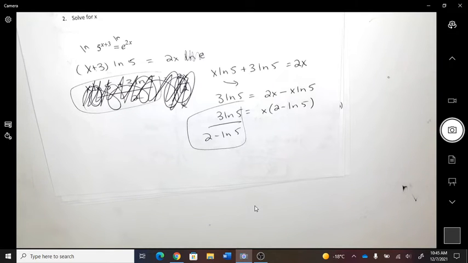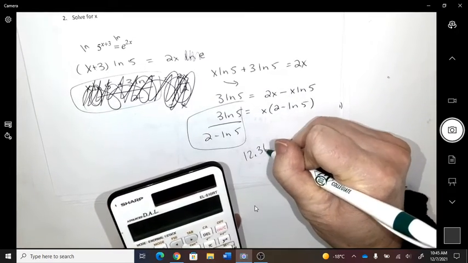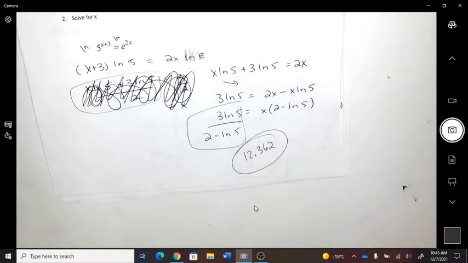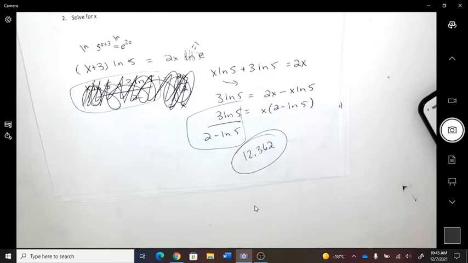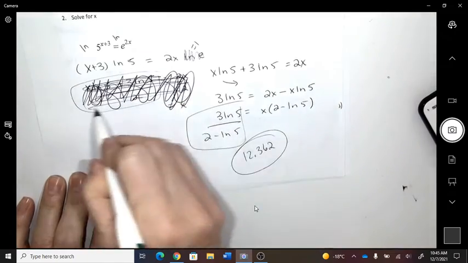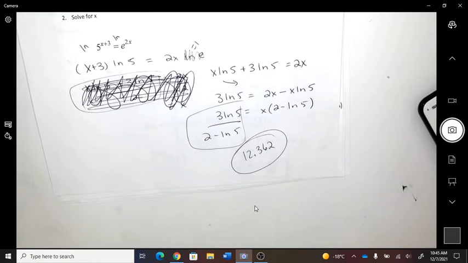GCF your x out. Anybody else getting a 12 point?